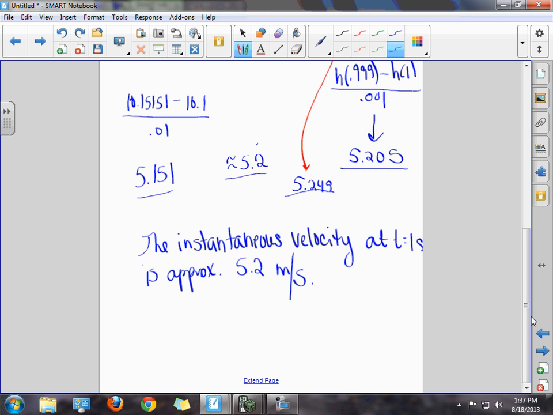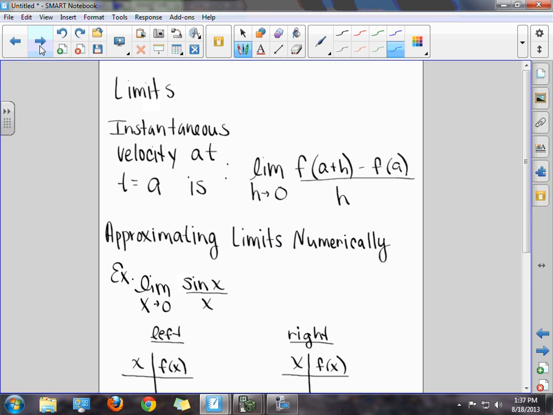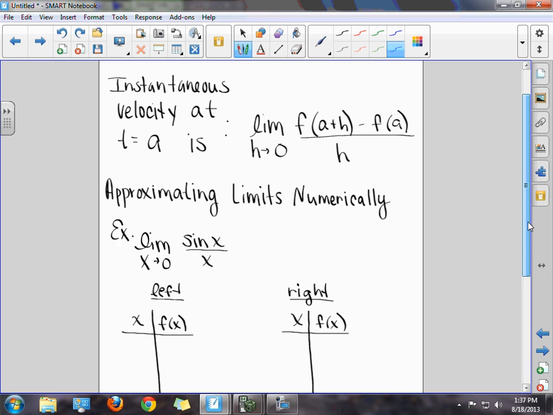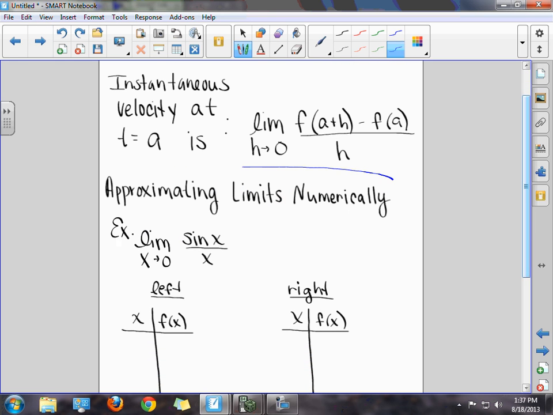So now let's talk about limits and approximating limits. Look at this example, what I've written right here. When we calculated the instantaneous velocity at some value, say t equals 1, t equals 2, whatever, all you're really doing is calculating this limit right here.